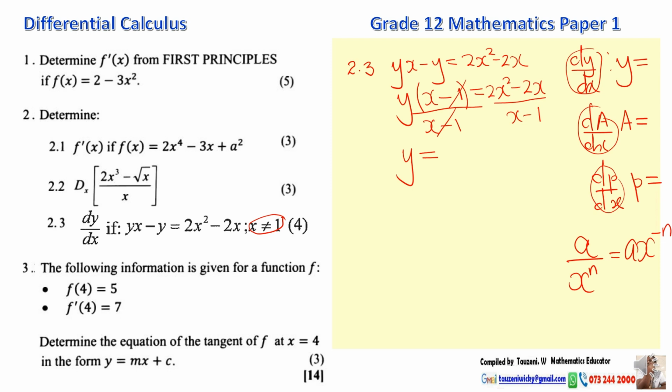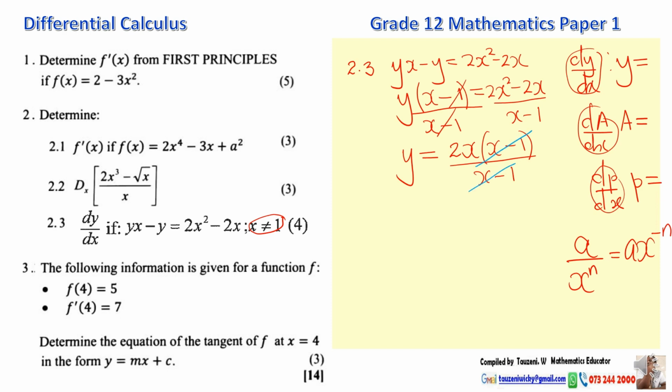We must use factorization. From the numerator, there is a common factor of 2x. So we factor out 2x, remaining with x minus 1 in brackets. Then our denominator is x minus 1. Then after the factorization, you divide the denominator and the common factor.